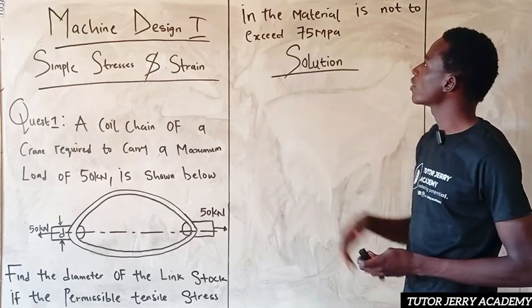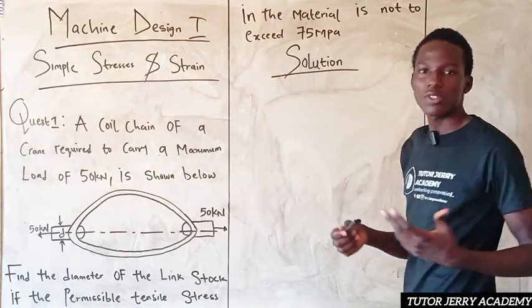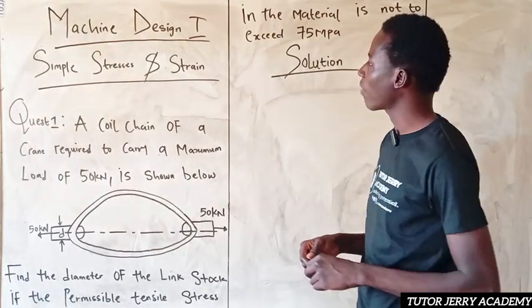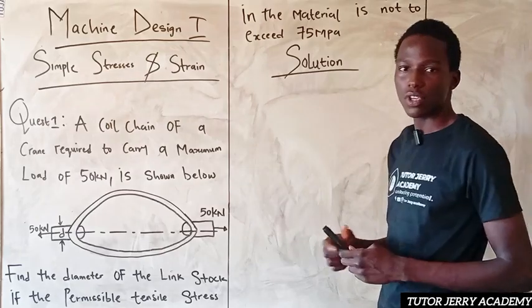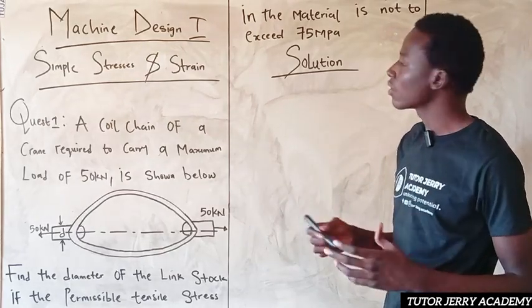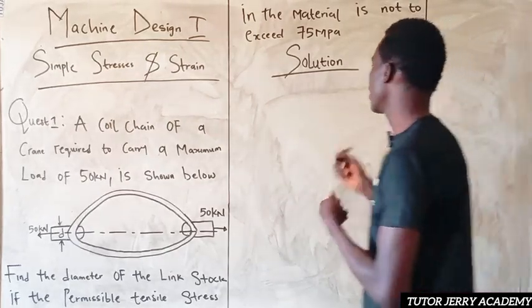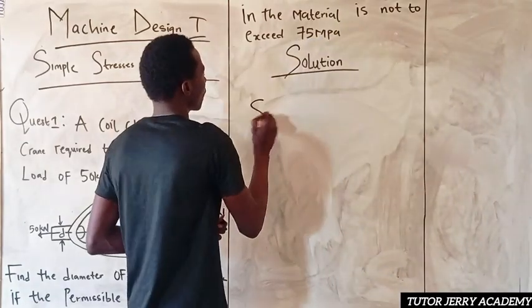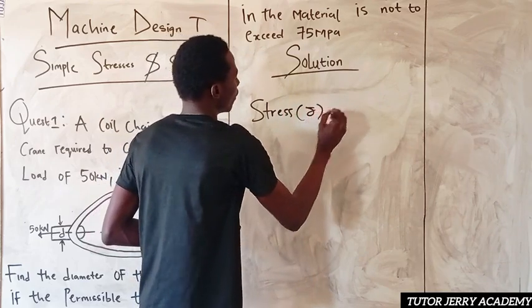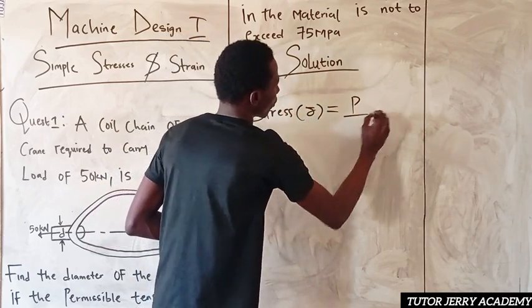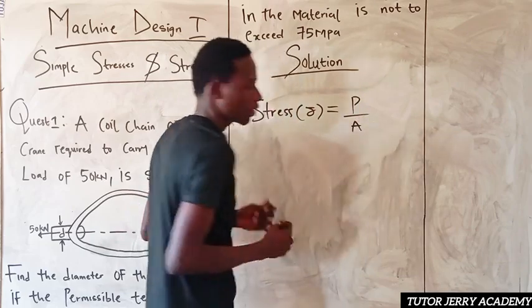So before I go over the question, I will be recalling some parameters that we do know from our basic simple stresses and strain. First, we know that stress is nothing but force over cross-sectional area. That is, stress, denoted by sigma, is equal to force all over cross-sectional area.